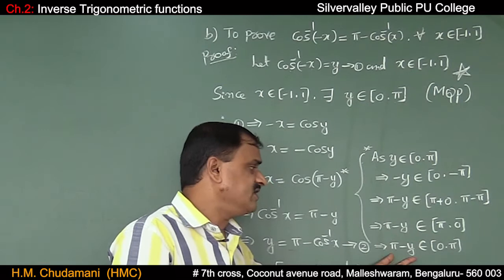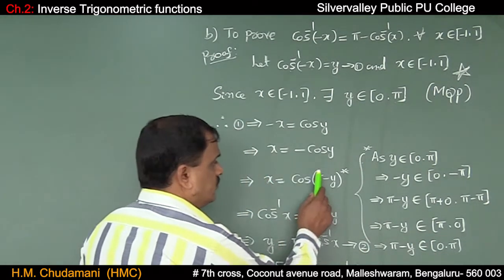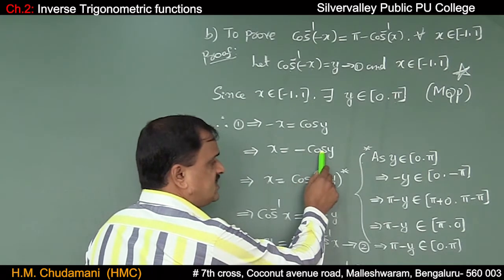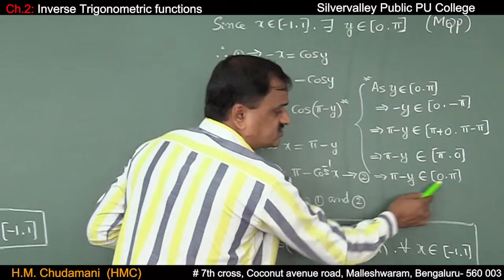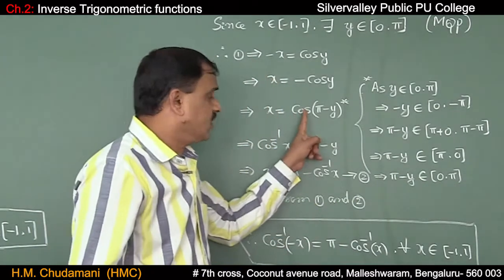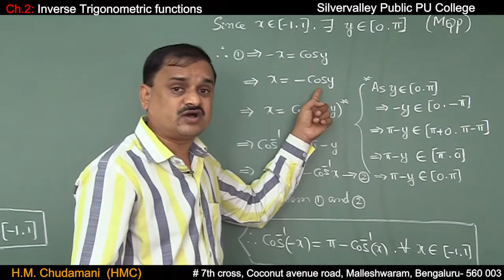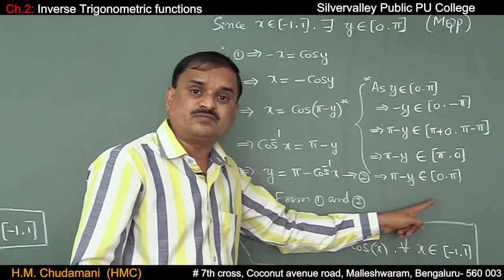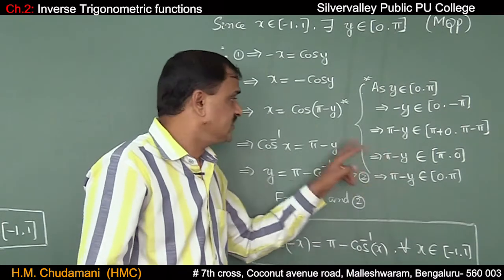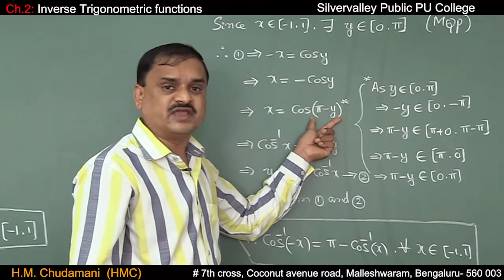So pi minus y belongs to 0 comma pi. So minus cos y can be written as cos of pi minus y because it is within the principal branch. Of course, cos of pi plus y is also minus cos y, but pi plus y is not between 0 and pi. That's why you cannot write pi plus y. You should write pi minus y.